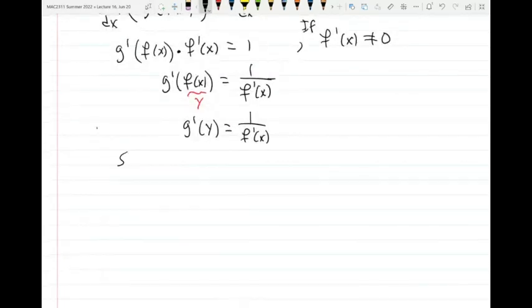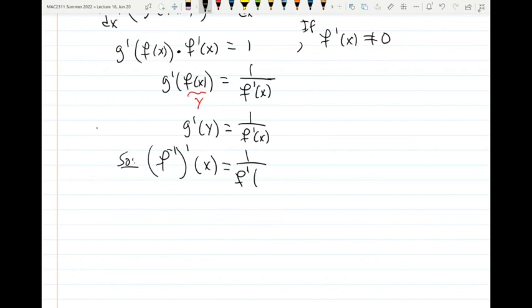So that means that the derivative of f inverse of x is going to be equal to 1 over f prime of y. Remember, this is the x of the inverse, and this is the y of the inverse.